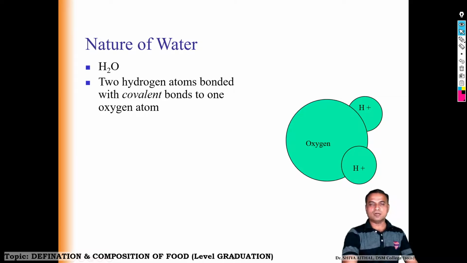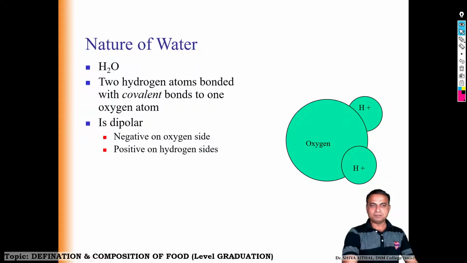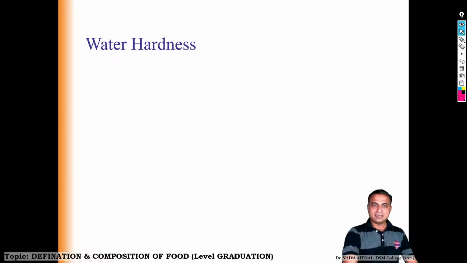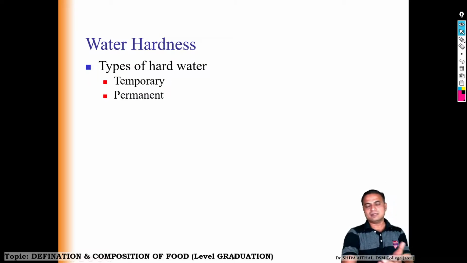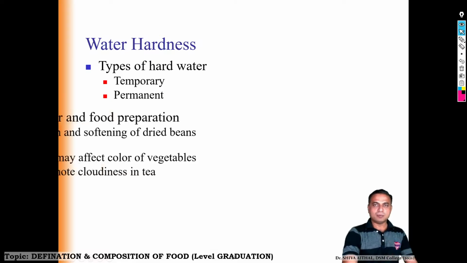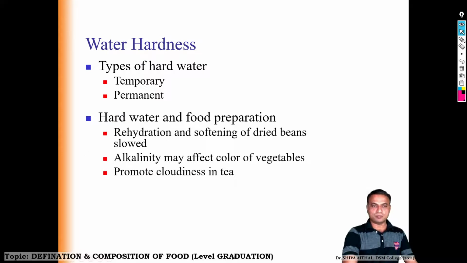It contains two hydrogen atoms bonded with covalent bond to one oxygen atom. It is dipolar, negative on oxygen and positive on hydrogen. It has hydrogen bond. This is the chemistry. And water has a certain amount of hardness depending upon the chemicals present in it, salts present in it.